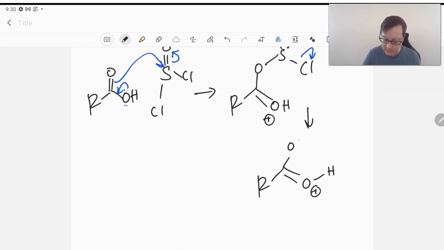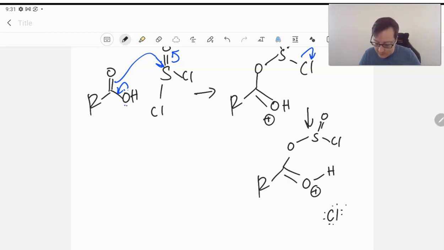We have our oxygen, sulfur, double bond O, Cl. The sulfur group there is a very good leaving group, exceptionally so, because we're going to see it's going to produce a gas once we kick it out. But first we have to deal with this proton that's there. We're going to want to get rid of that.